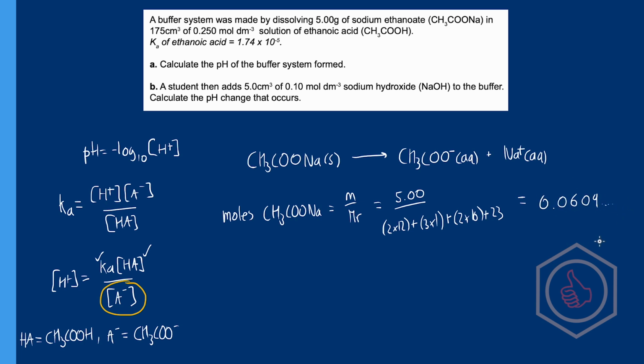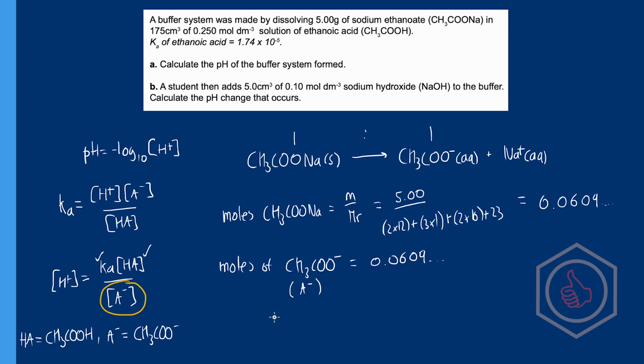Now this will be the same as the moles of CH3COO− because it's a 1-to-1 ratio. So this means the moles of CH3COO− equals 0.0609, okay? And we know that this is A−, so the moles of A− equals this value.